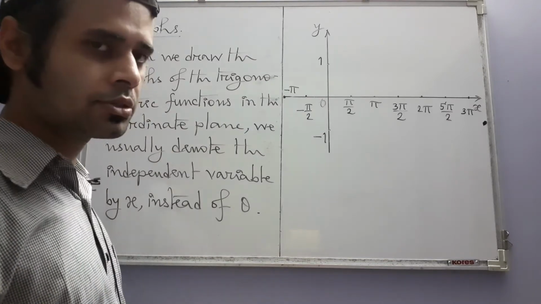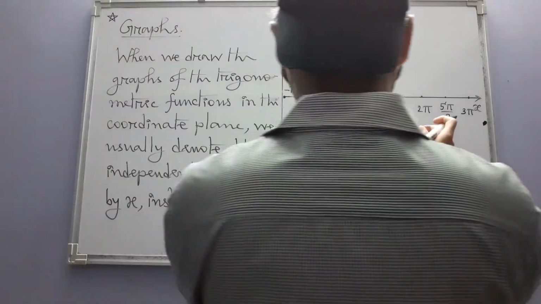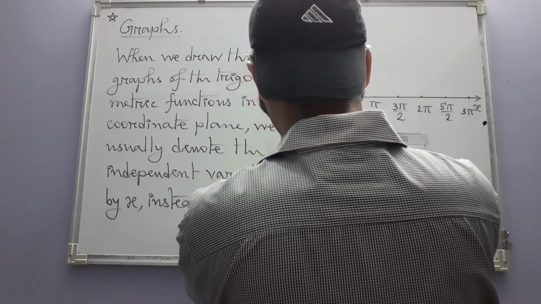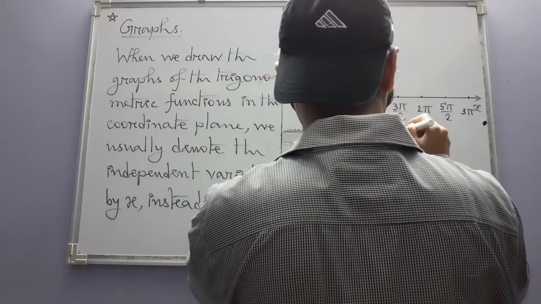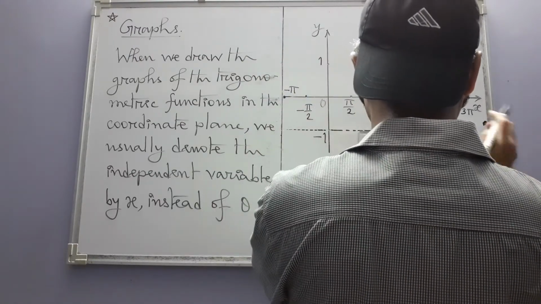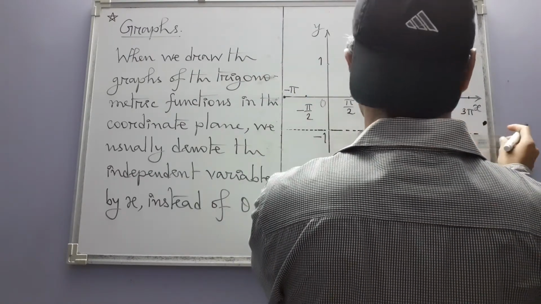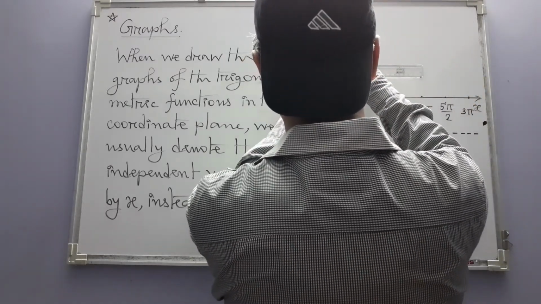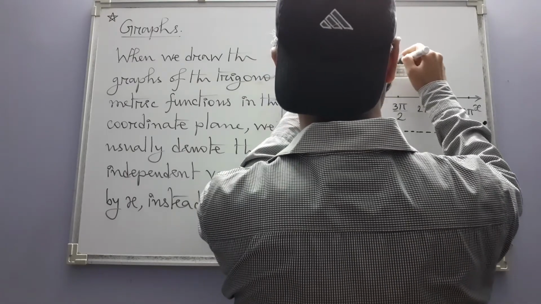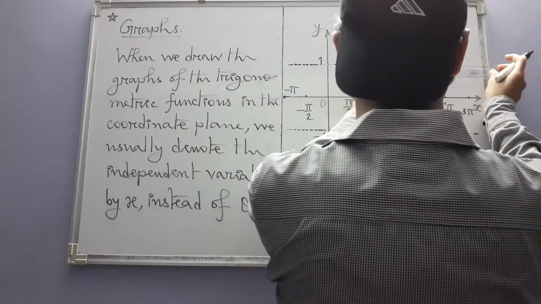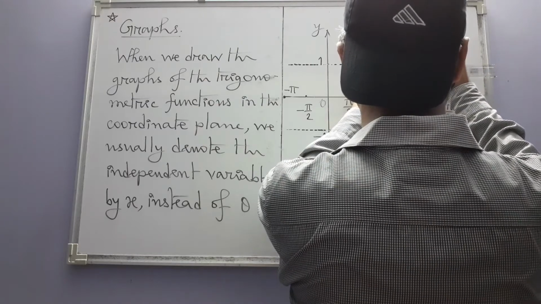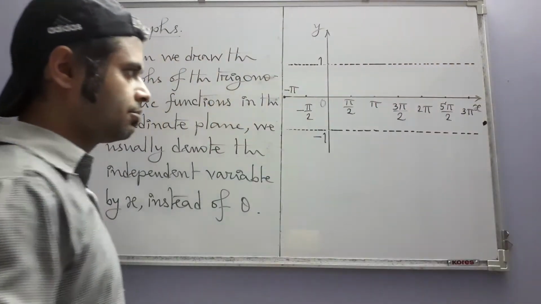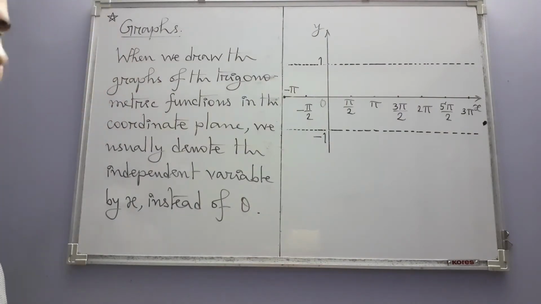Geometrically, that corresponds to the fact that the graph of the sine function will lie in between these two horizontal lines. Let us first roughly draw the lines like this, dotted lines. Once we have the graph, we will get rid of them.